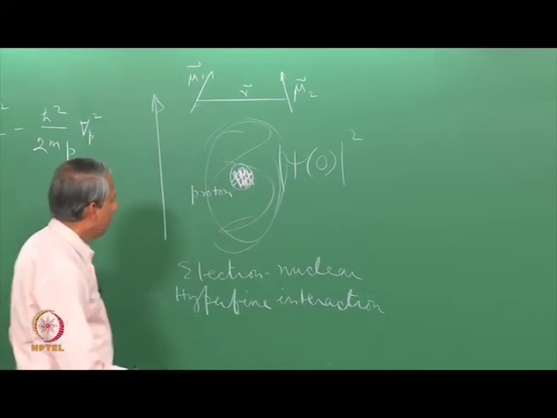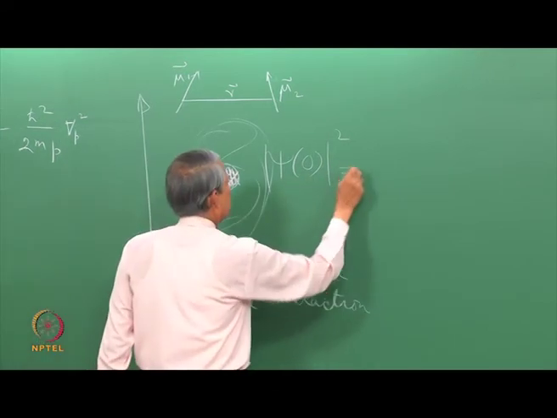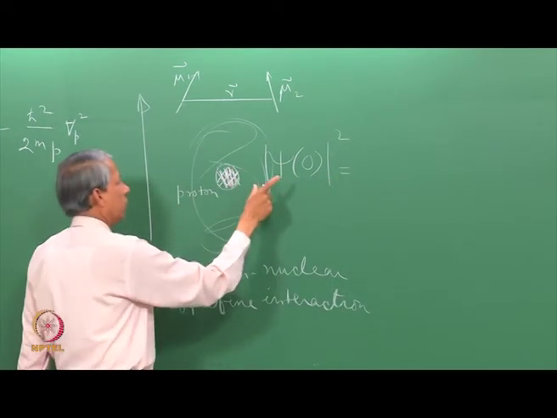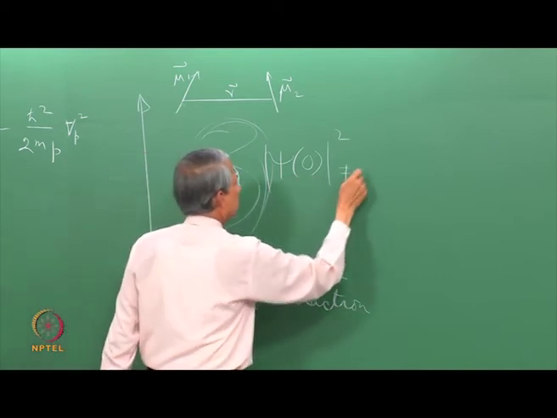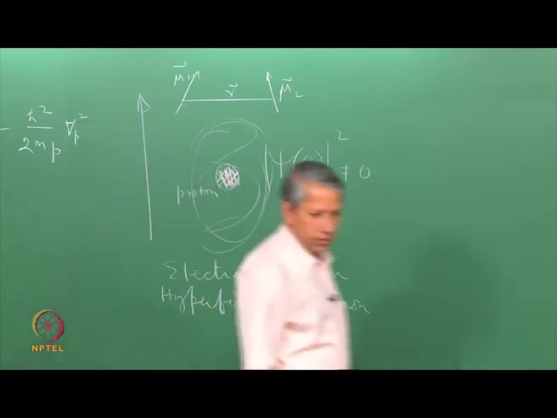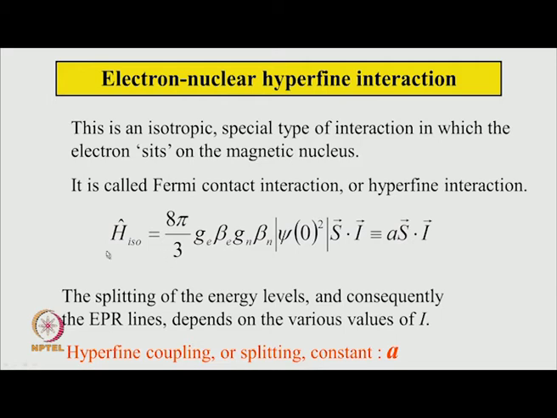Now, for those orbitals which satisfy this requirement that this has to be non-zero, this expression shows that this isotropic electron nuclear hyperfine interaction will be non-zero. So, not all orbitals have this property.